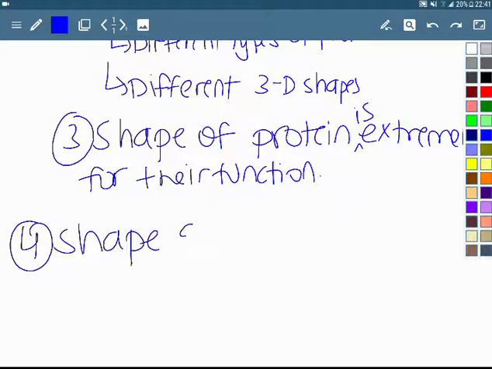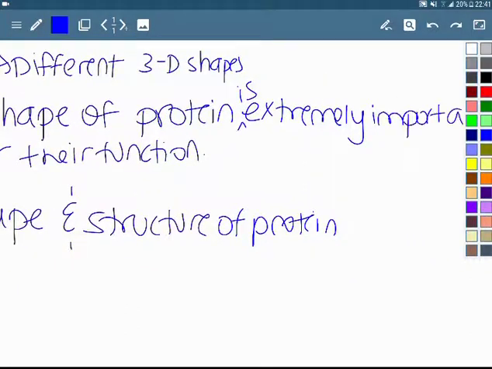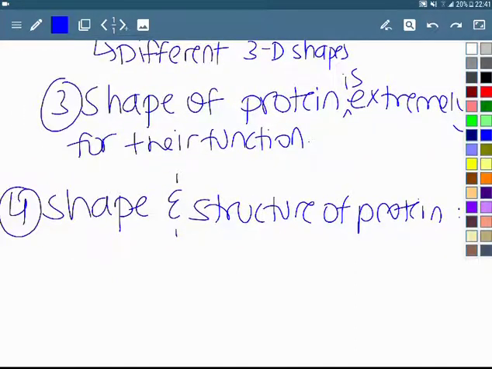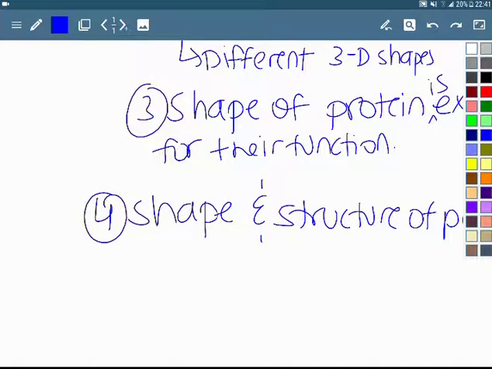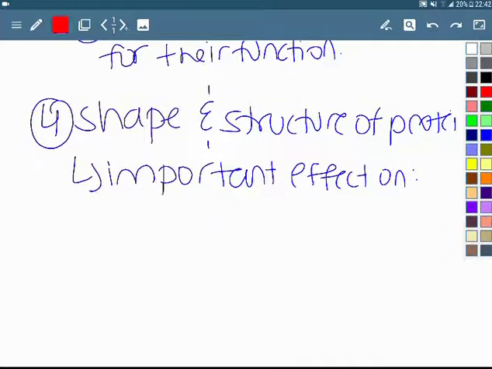It has an important effect on, okay, this a colon. Important effect on two things. Okay, it's really important.